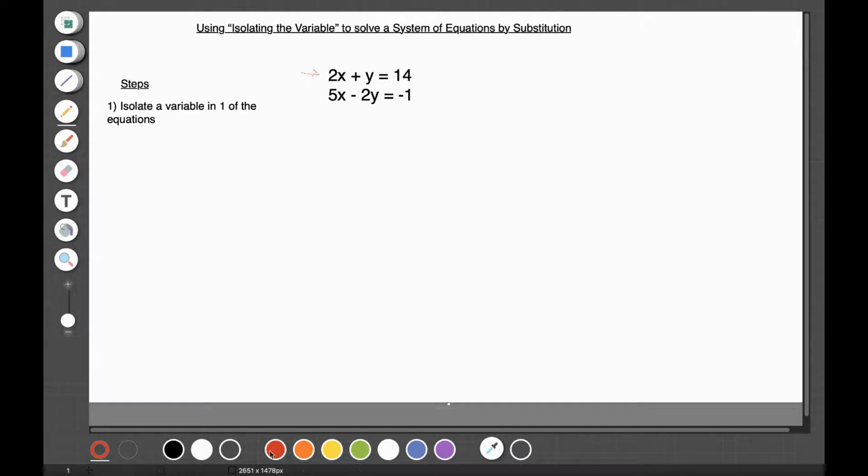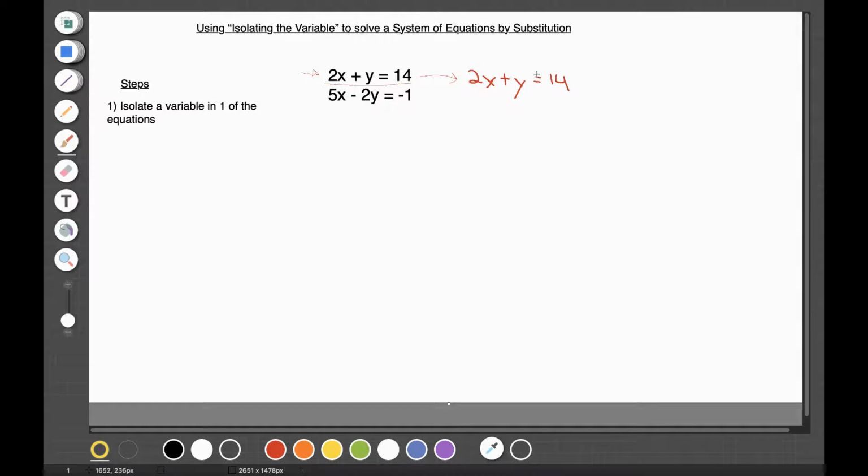So what we're going to do is literally take this equation. I'm actually going to write it over here so that we can work with it a little bit. So we have 2x plus y equals 14. Okay, well, using the same method that we just learned, we're going to isolate this variable.